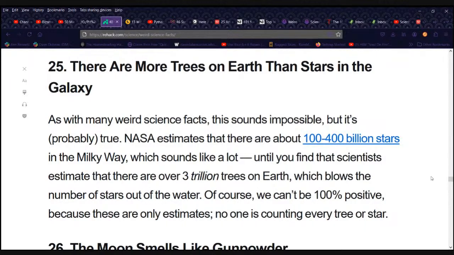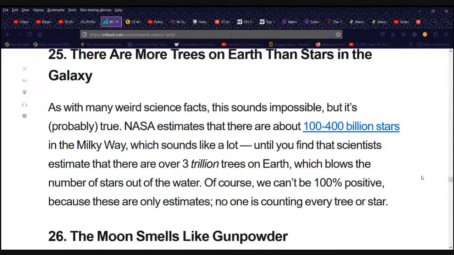However, there's possibly some 3 trillion trees on Earth. Okay, and I've actually seen other numbers that were even higher, but how? Well, no one's really counted them all, so we don't know.